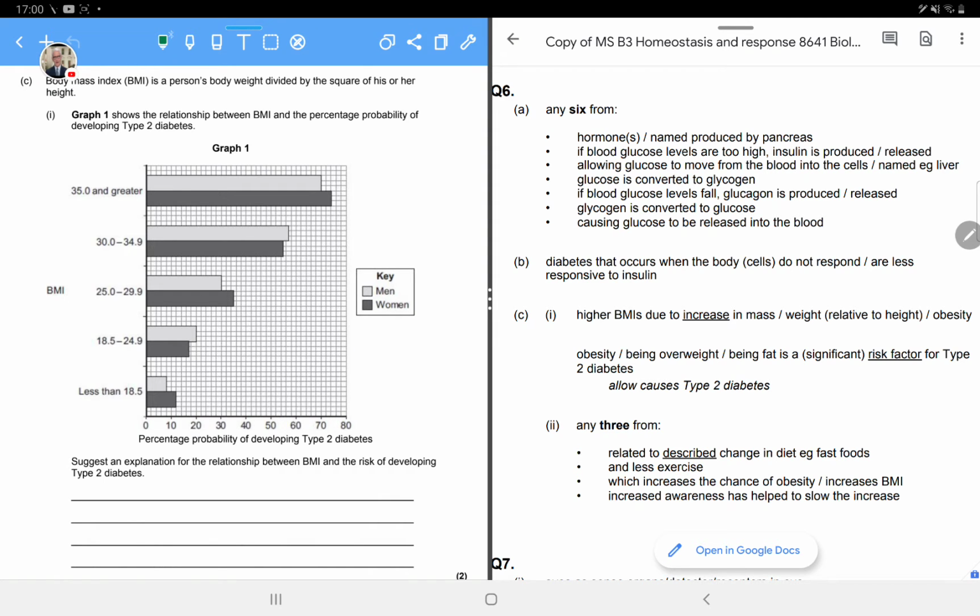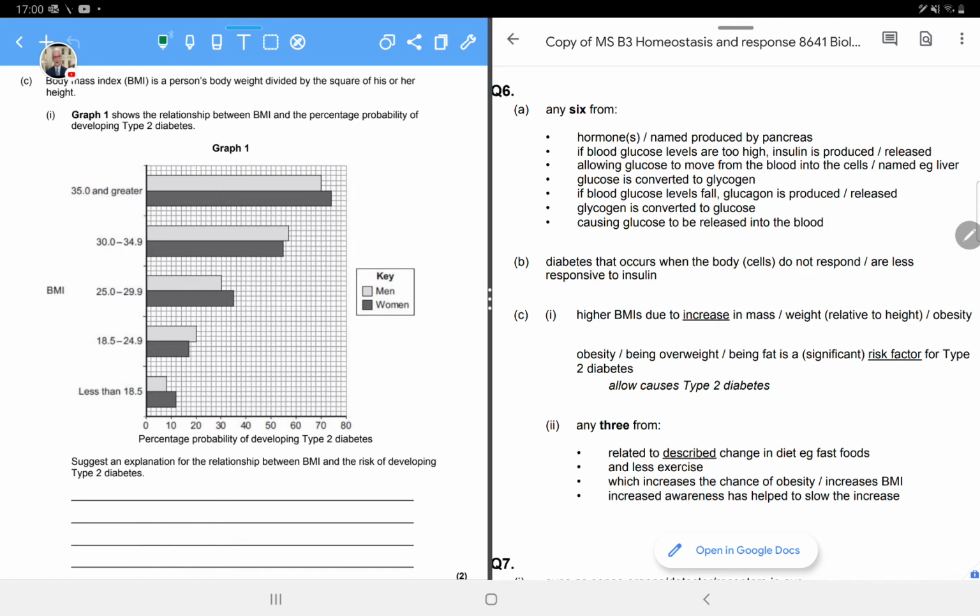Now, if it was to describe that for 1 mark, you would say as the BMI increases, the probability of developing type 2 diabetes increases. But they've suggested an explanation for the relationship. So we know, looking at the graph, that as BMI increases, the probability of developing type 2 diabetes increases. And an explanation for that is going to be the why that would happen.